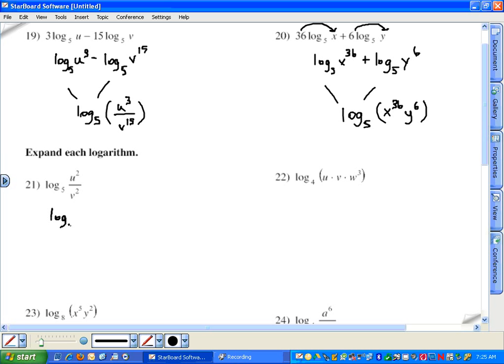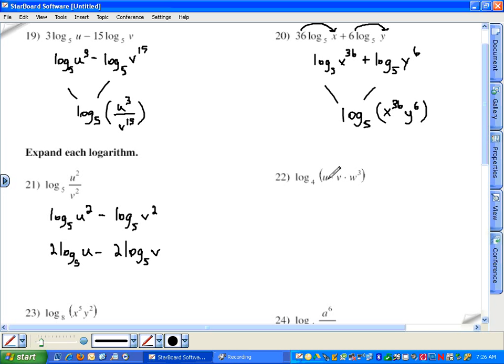So this is going to be log base 5 of u squared minus log base 5 of v squared. And then we end with the power property. These powers need to move down to the front of the logarithms. 2 times the log base 5 of u minus 2 times the log base 5 of v.